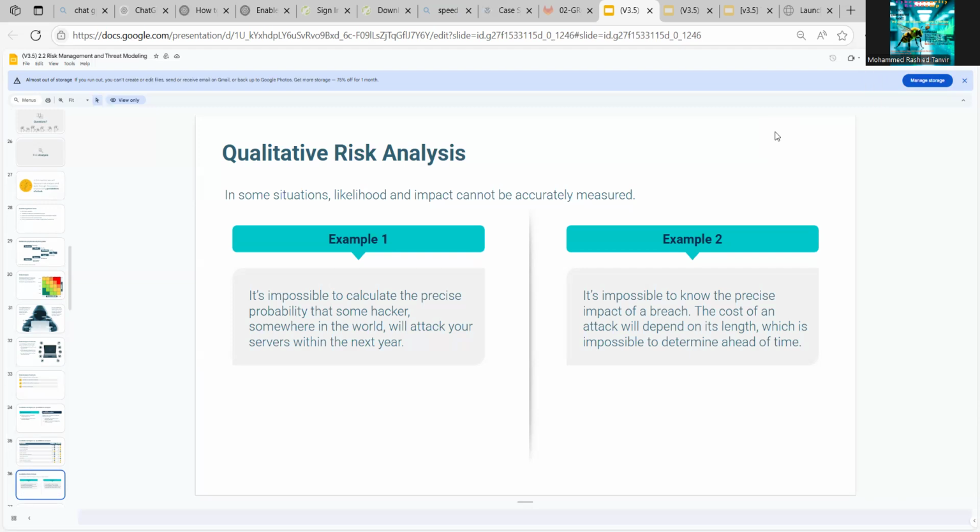Example two, it is impossible to know the precise impact of the breach. The cost of an attack will depend on its length, which is impossible to determine ahead of time.